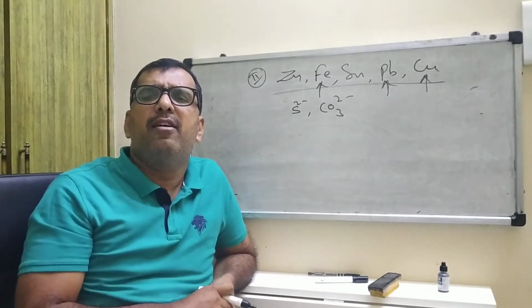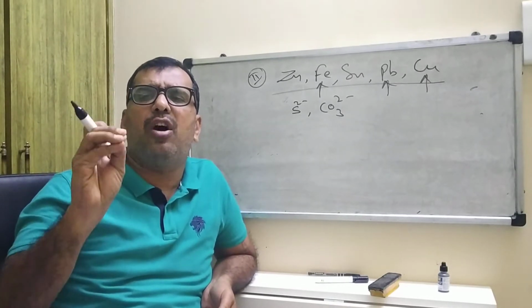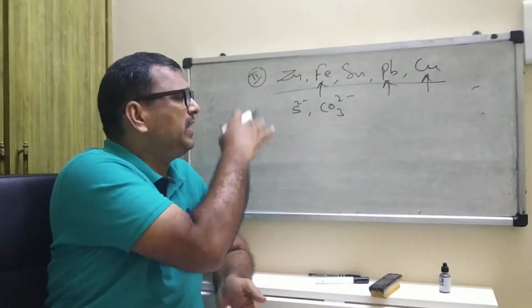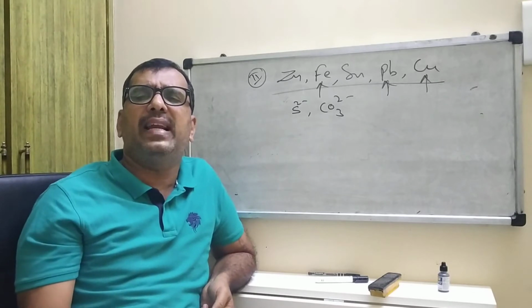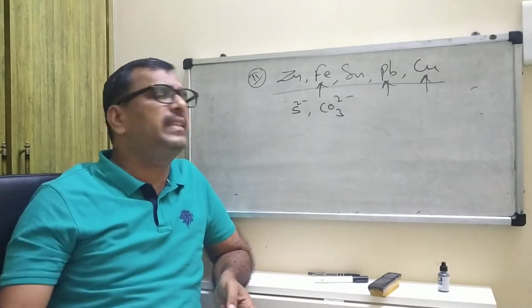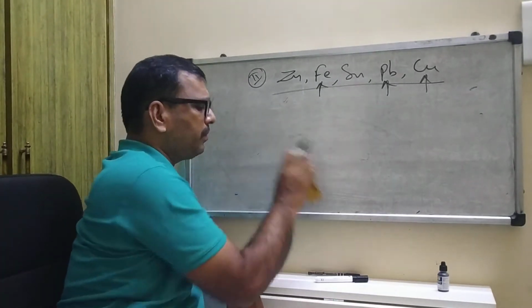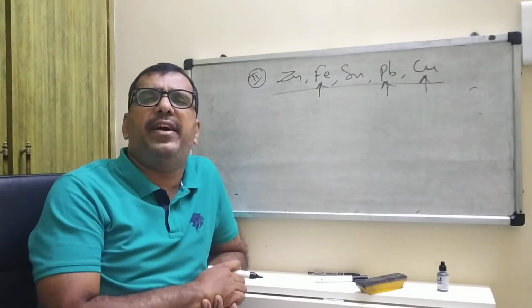Therefore, first the ores must be converted and reduced into their respective metals. Take the best example, sulfide ores.